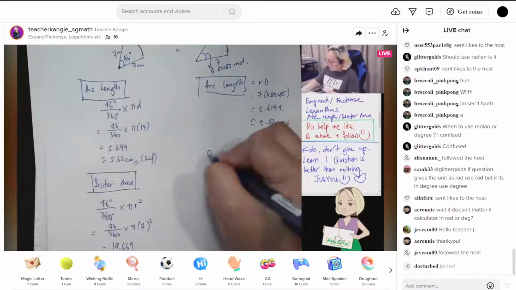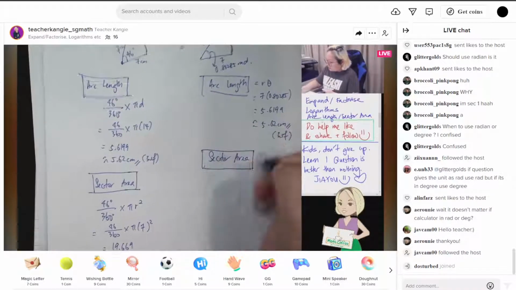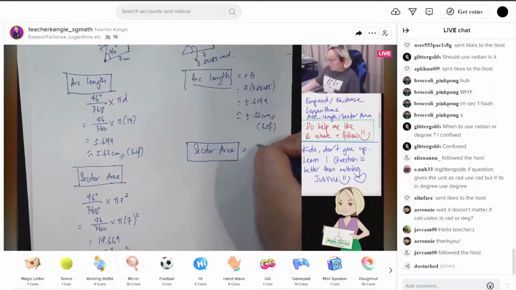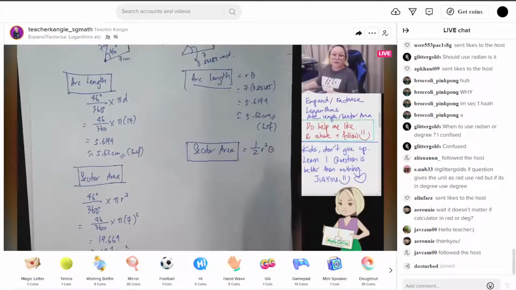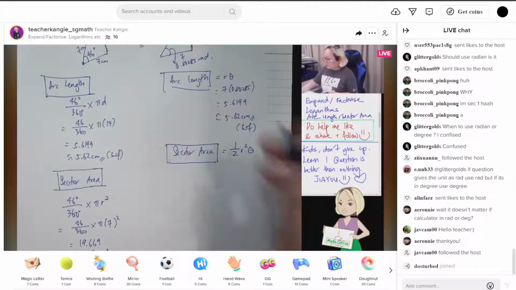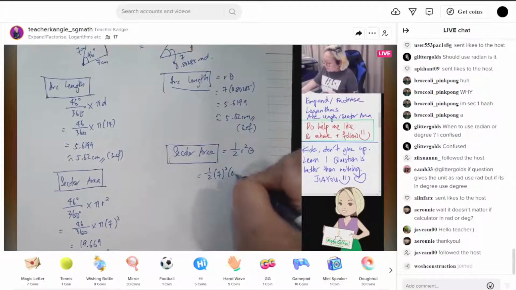Now I'm going to use the radian formula. The sector area radian formula, which is given, is half r squared theta. That's all. And the only condition, same thing, is that the angle given must be in radian. So the formula is just half times 7 squared times 0.80285.